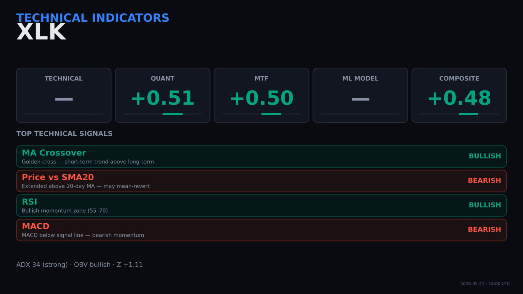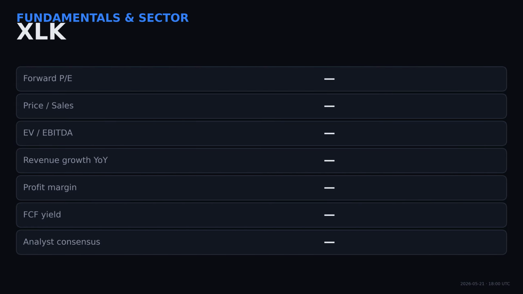Important, because some strategies only work when ADX is above 25. On-balance volume is bullish. That's a sneaky good way to spot whether the smart money is buying or selling underneath the price action. Fundamentally, this one's pretty in line with its sector. No screaming value or screaming overvaluation. That's actually fine. We're trading the chart here, not the company.